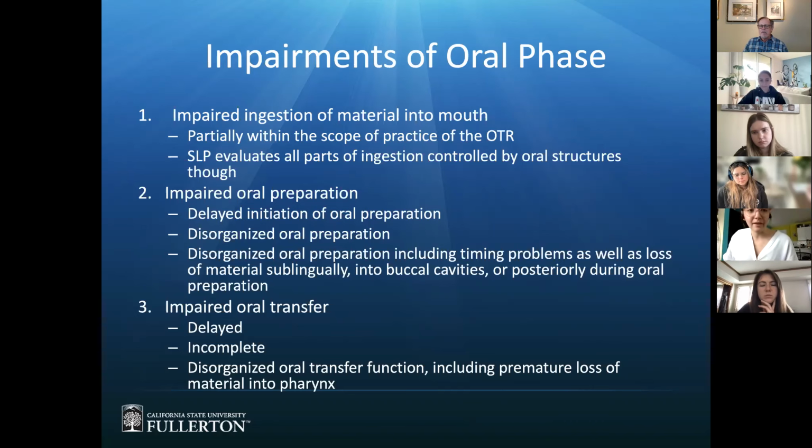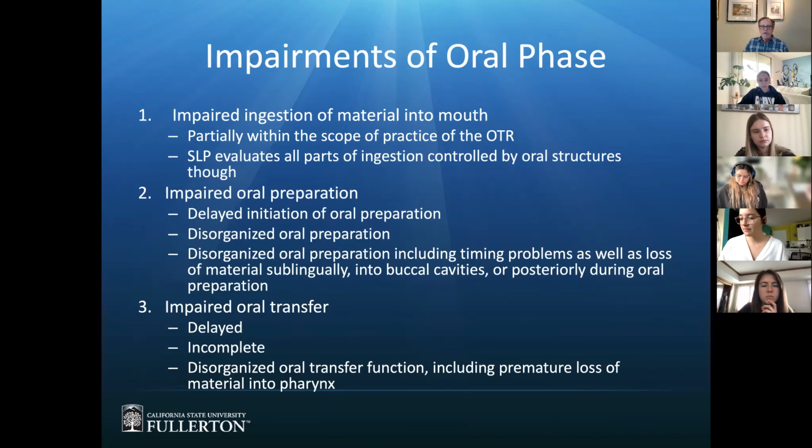As I look at my slides, I could take out the second one because it doesn't really say anything different from the third one. The third one says disorganized oral preparation, including timing problems as well as loss. So I think my slide is a little bit redundant in that regard. So I'd say 3. Okay, so disorganized does refer to that type of movement, that correlates with the MBS-IMP, the 3 movement component. Yep. Perfect. Thank you.